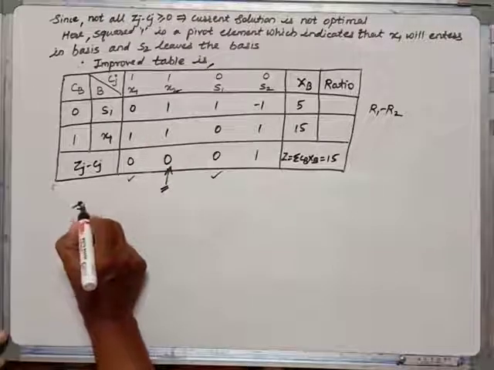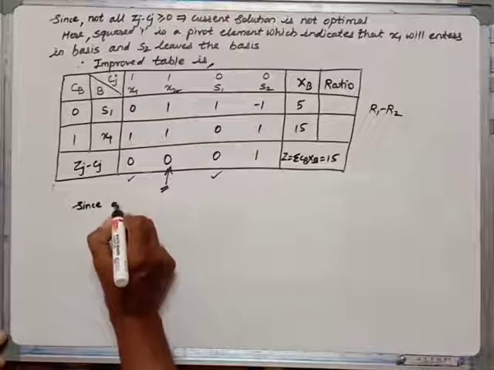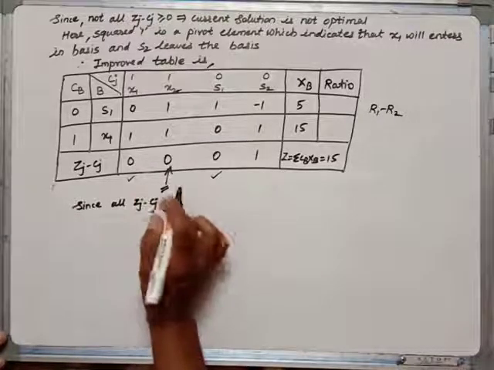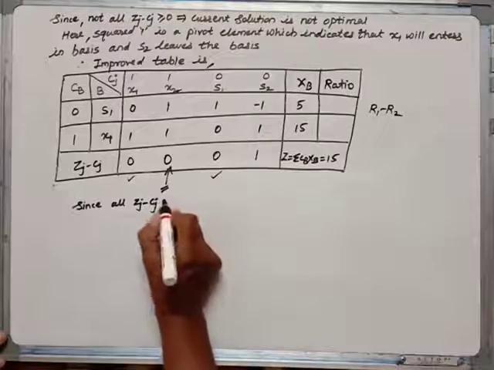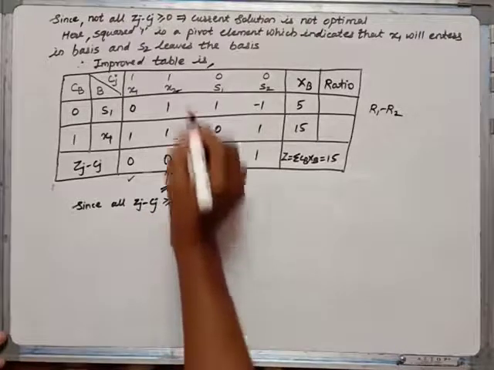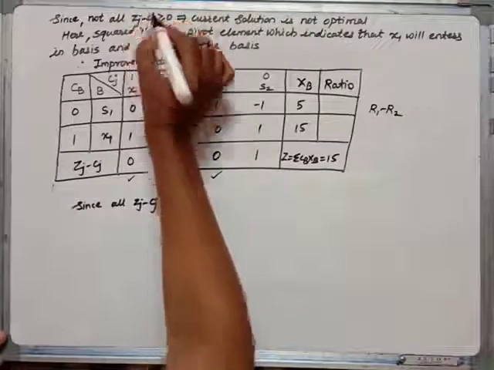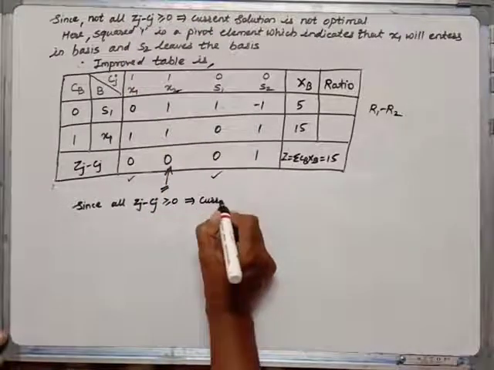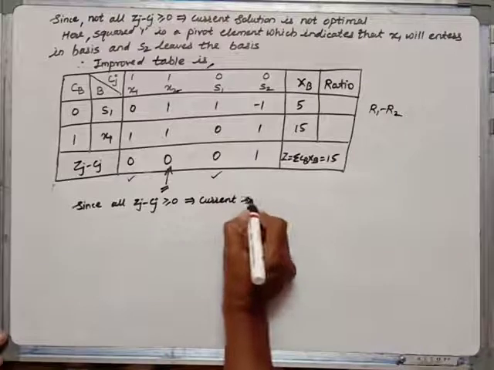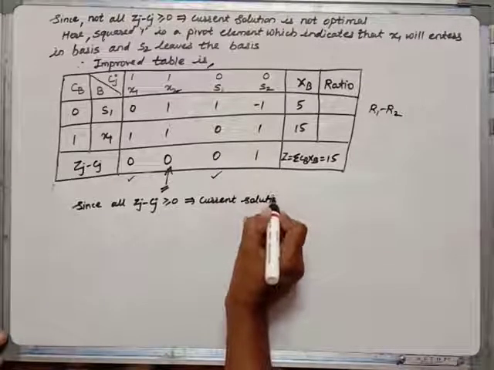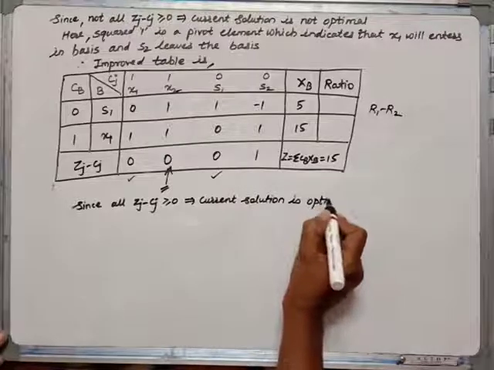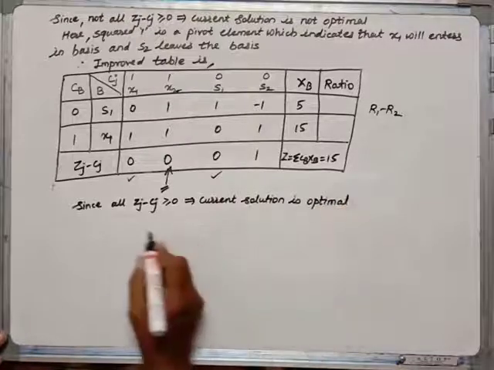So here I must write, since all Zj minus Cj greater than or equal to 0, this implies this current solution is optimal. This current solution is optimal.